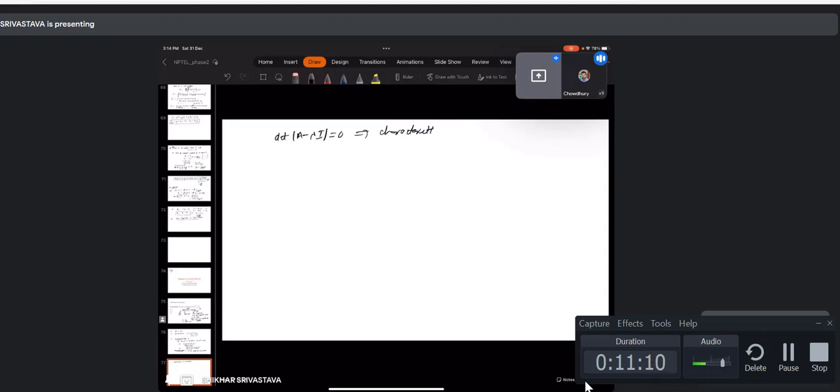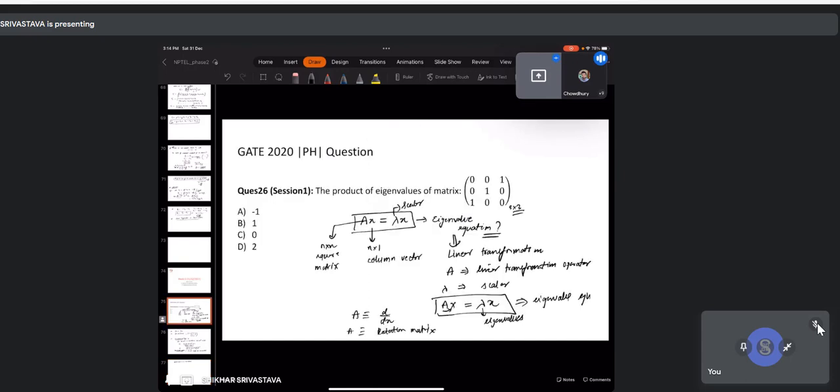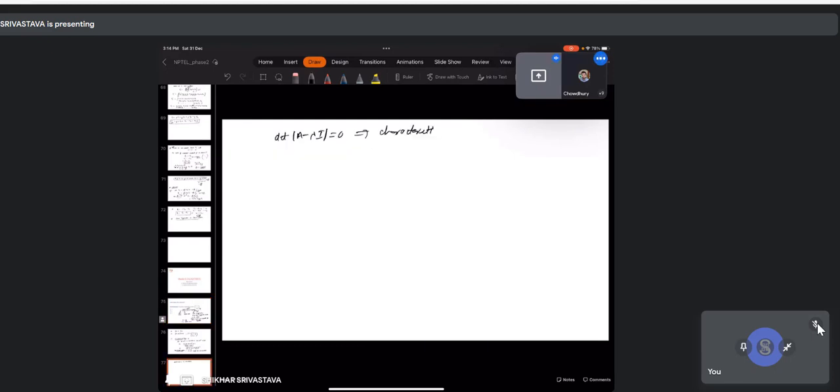Okay, yeah, this is called the characteristic equation, and we solve this characteristic equation to find the answer. So for example, in this question, we have been given this matrix, and we need to find its eigenvalues so that we can find the product of the eigenvalues. So I will just quickly do this.